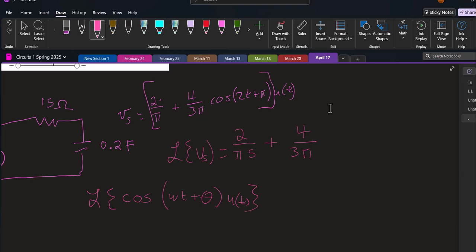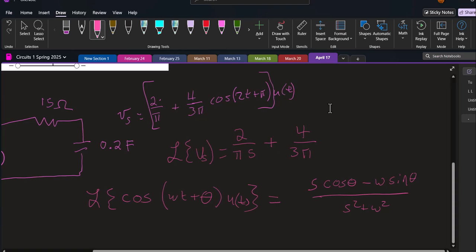And I got s cosine theta minus omega sine theta over s squared plus omega squared. Is that it? Yeah. That's what I have. Okay. That's not what I was hoping for. Oh, okay. No, but that's okay. That's what it is.